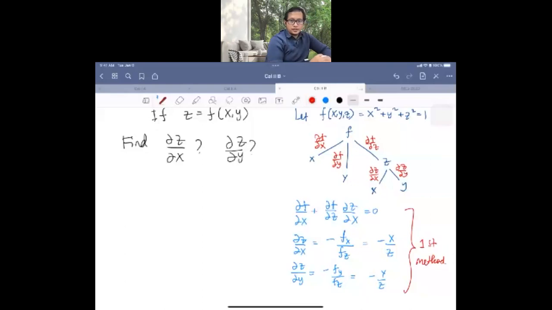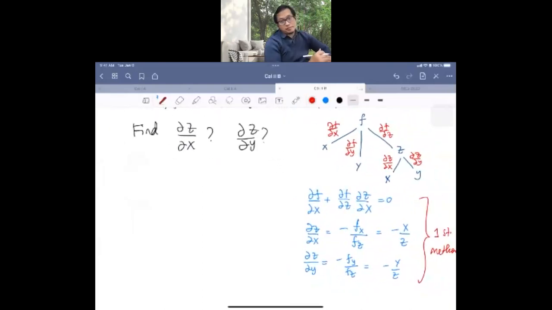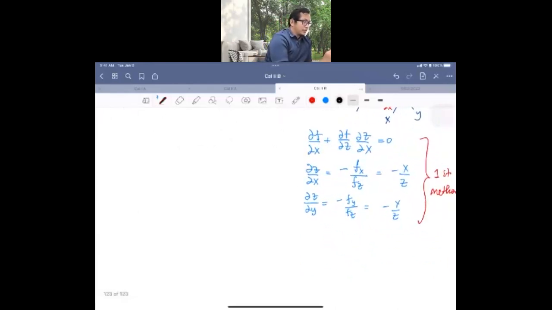Now you would like to use the second method, and I believe some of you will try the second method because in most cases I think it is more practical. The second way is the one that we have learned, I think, way back weeks ago.